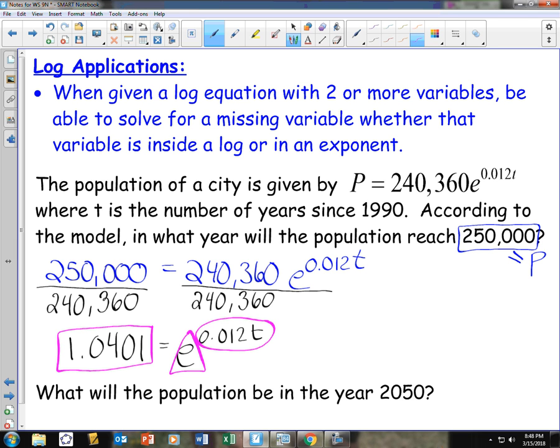A log is an exponent, so the 0.012t goes right here, and the 1.0401 goes right there. And now I'm going to have my answer here just as soon as I divide by the coefficient of t. So 0.012.